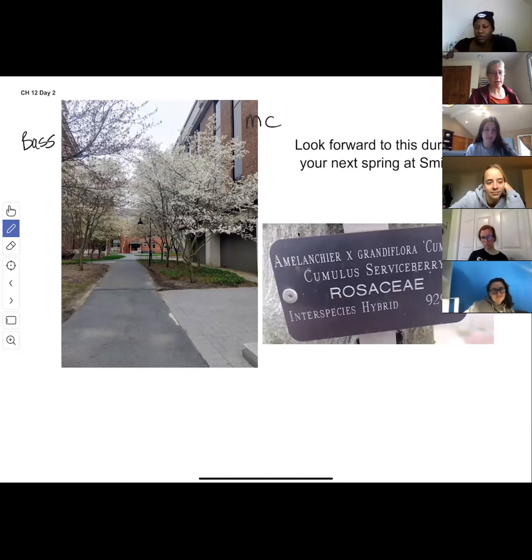They're called rosacea. They're not that rosy, in the sense that they're not very red. They're just a really light pink. And this one is kind of purpley. So if you haven't been at Smith in the spring, next spring, I hope you'll get to enjoy all the flowering trees and flowering bushes that we have at Smith.